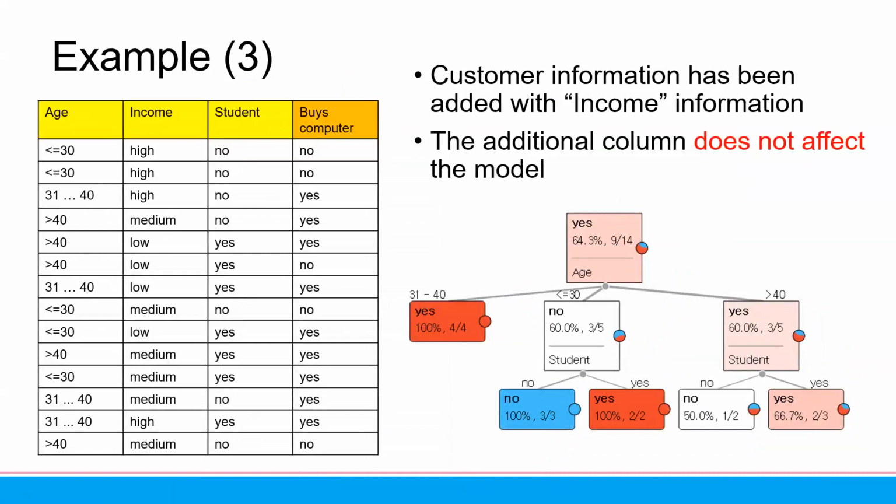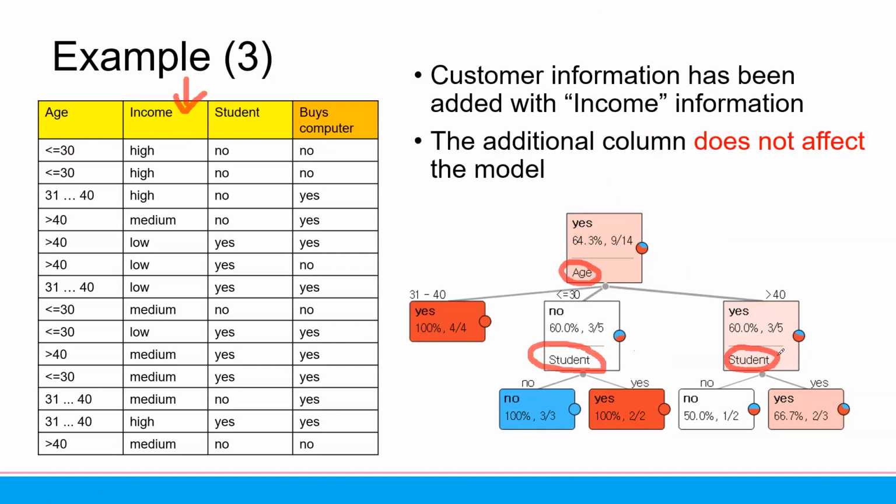If you have another attribute, let's say this is income. Okay, so I use income. But if you see this one, the most important attribute is age, and then we split again with the attribute student in this case, and we split again with the attribute student. So where is the income?